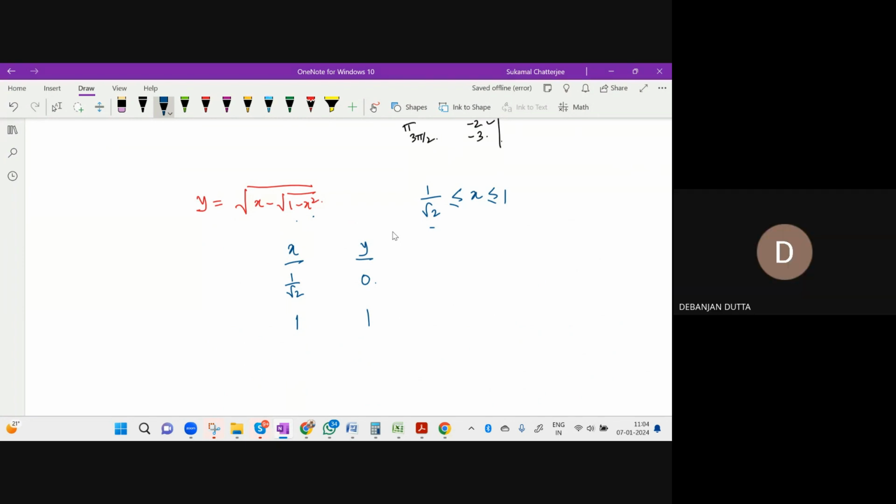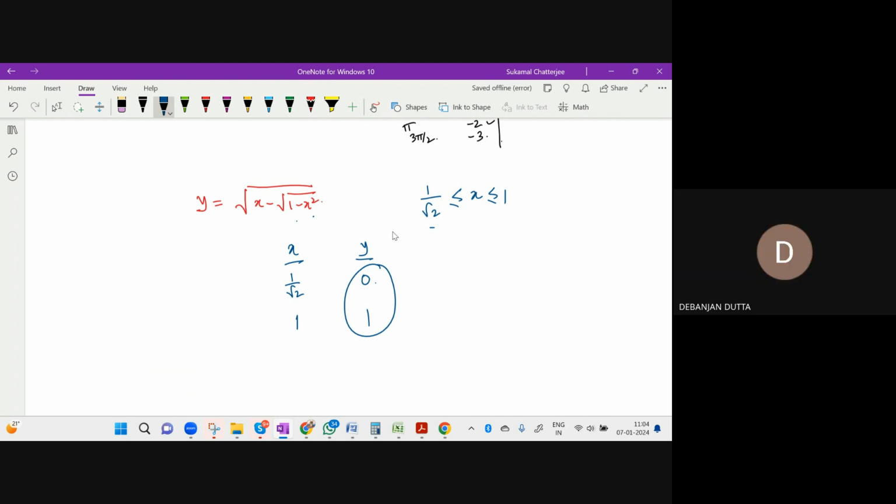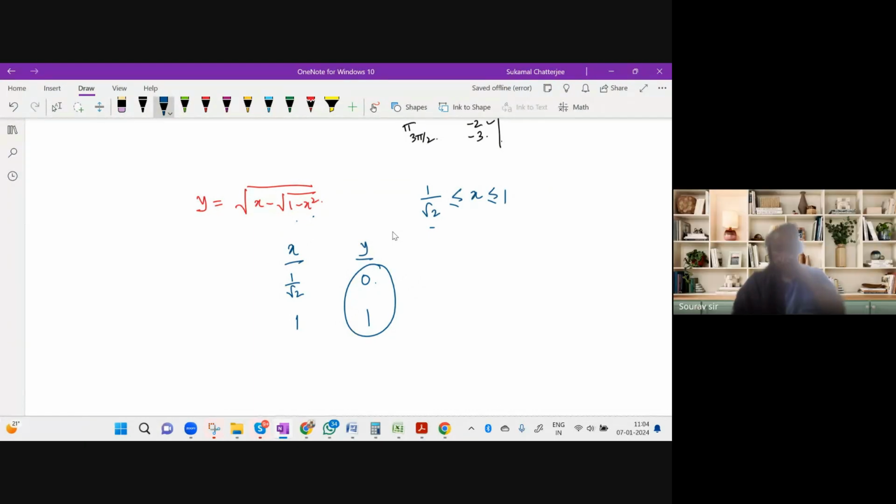Right? Yes, sir. So that is your range, 0 to 1. So don't we need to check if there are any values greater than or less than in between, excluding the extreme points? Excluding the extreme points. Okay.